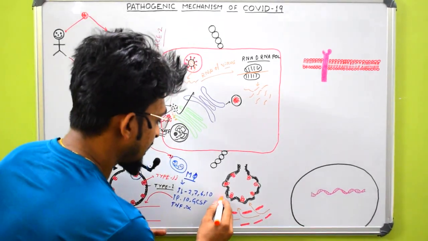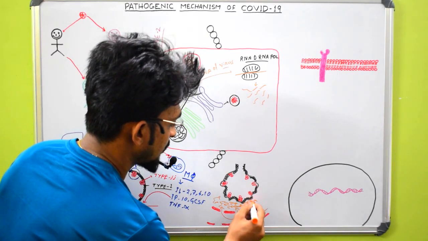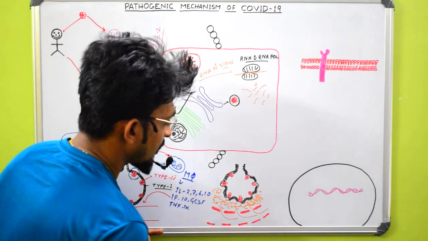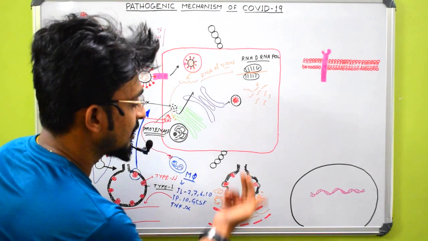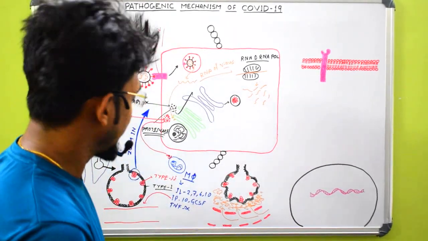So here the plasma will be accumulated. These orange colored things are the plasma, and this plasma will also force the alveoli on the upper side. As a result of that, what will happen?